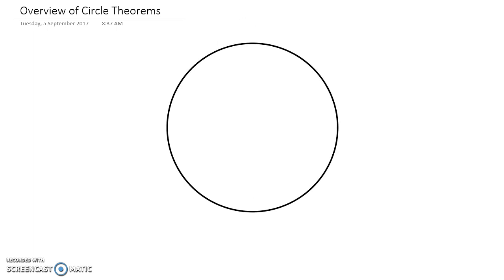Circle theorem 7 states that if we have two chords in our circle, like that, let's do some labels.